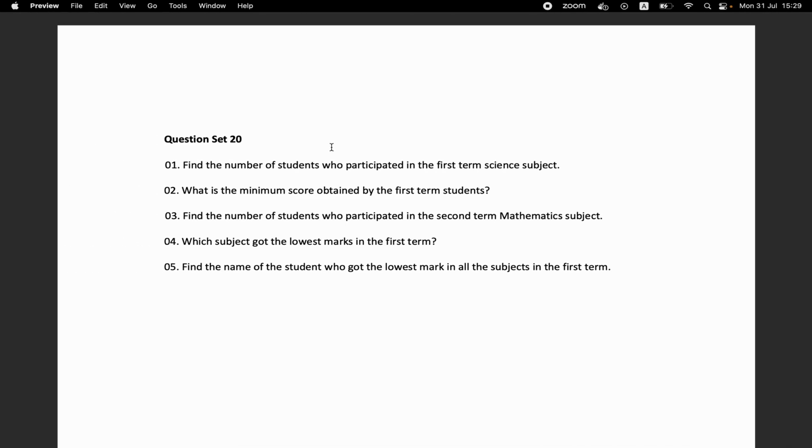The next question is, find the number of students who participated in the second term mathematics subject.